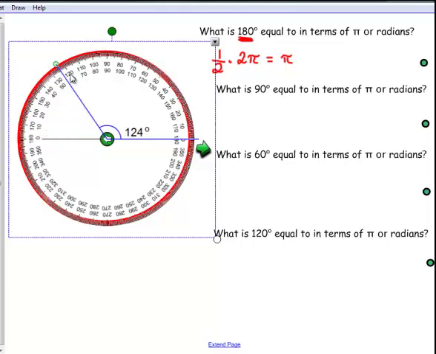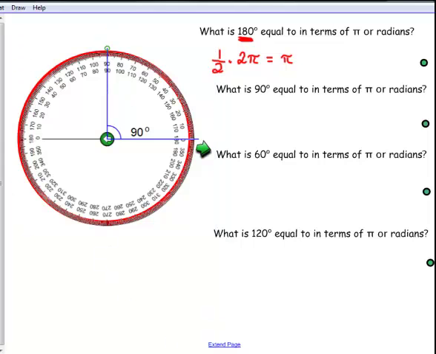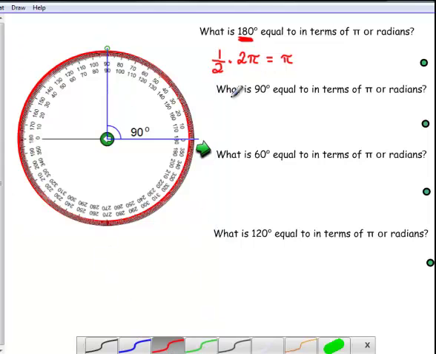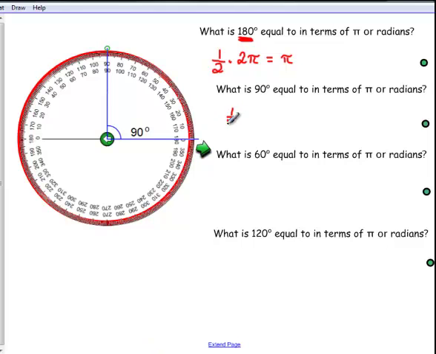Well, 90 degrees is a quarter of the way around 2 pi, a full circle. And a quarter of 2 pi is pi over 2.